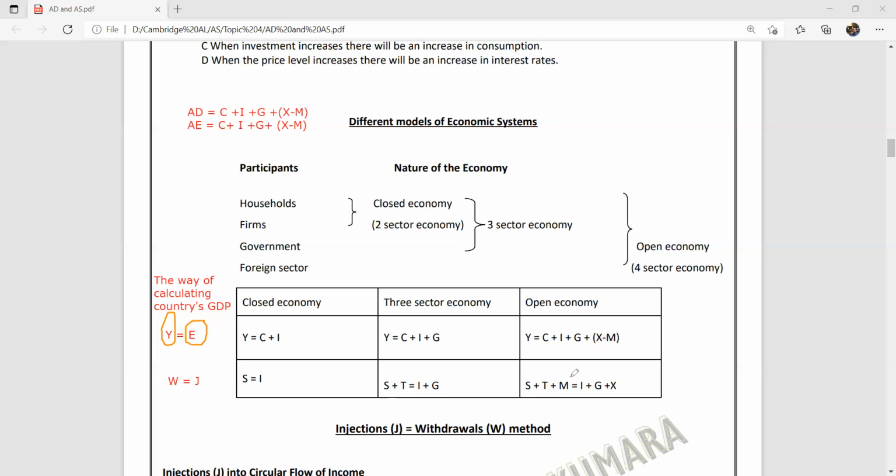Then the next, imports. We have to buy goods from other countries. Then what do we have to spend? Dollars. So we spend dollars equivalent to the amount we earn through export.